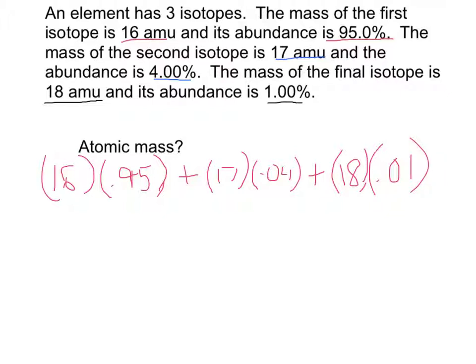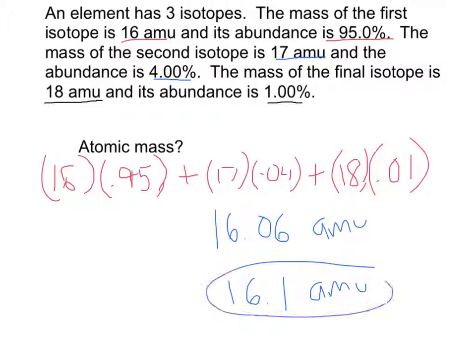So if we do the math here and we solve, we're going to get 16.06 AMU. If you're in my class, I want 3 significant figures, so we're just going to do 16.1 AMU. So that's how you do it. Let's try one more problem.